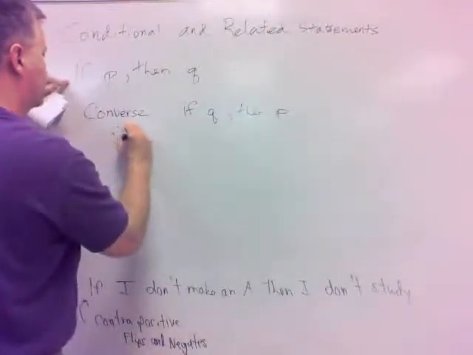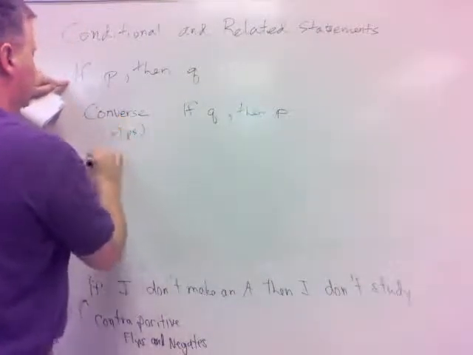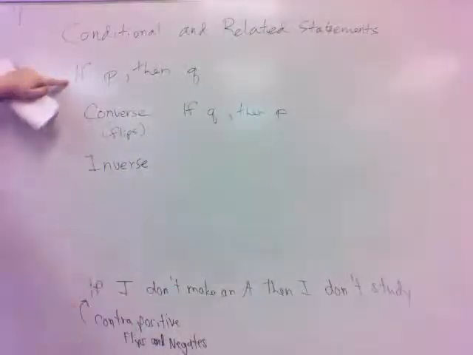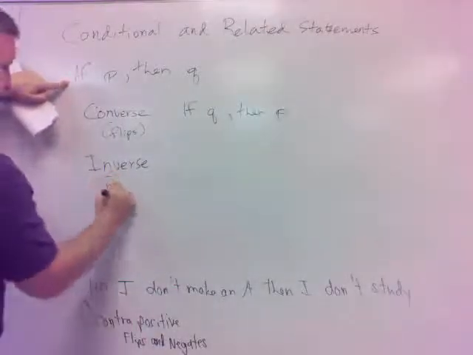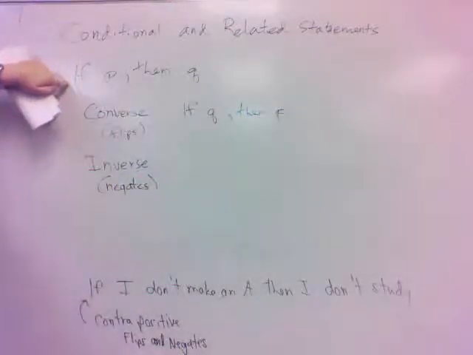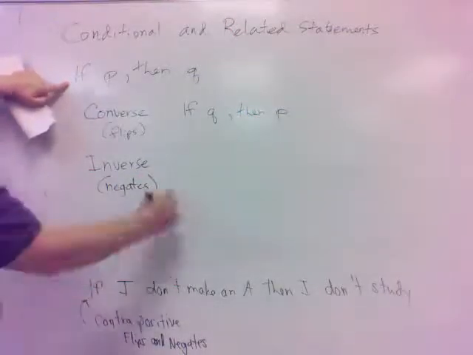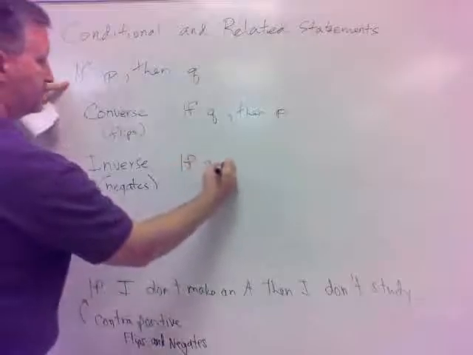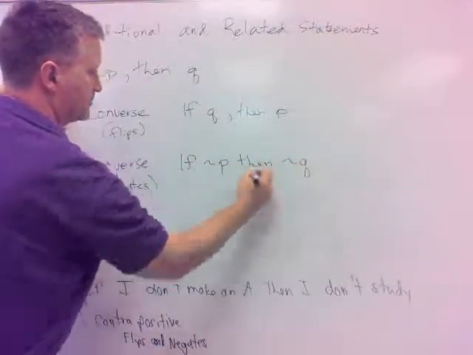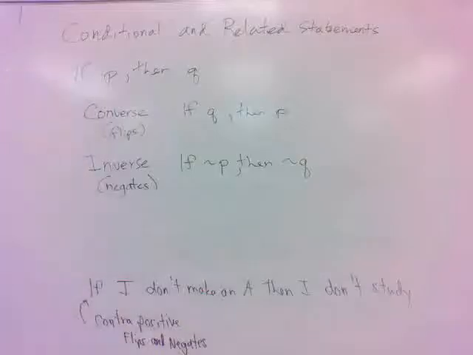It flips. What would be the inverse of this statement? Well, the inverse negates. If not P, then not Q, is the way that one would come out, notationally anyway.